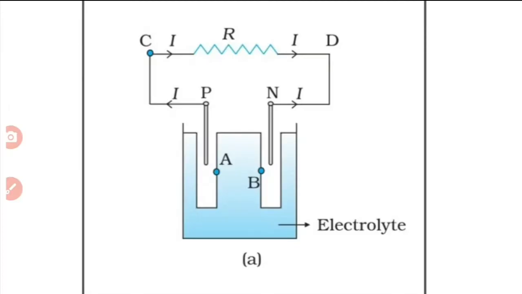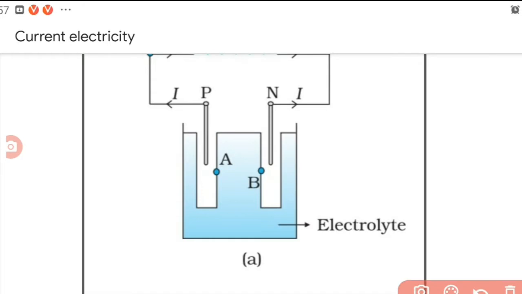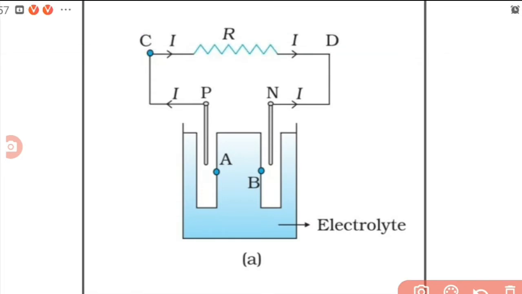Now coming to the term internal resistance. As I said earlier, when the cell is connected to an external circuit, current flows from positive to negative in the external circuit, and from negative to positive inside the cell, through the electrolyte.